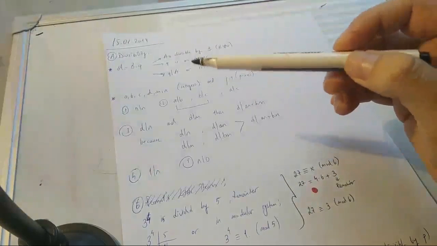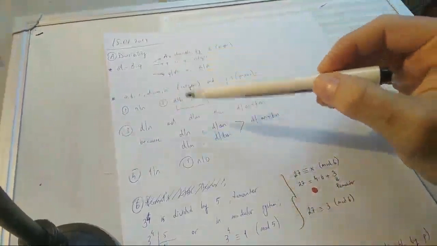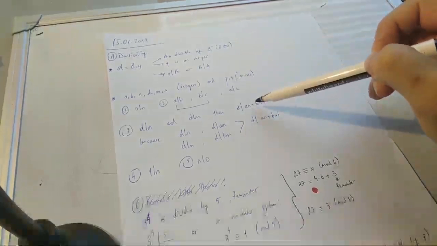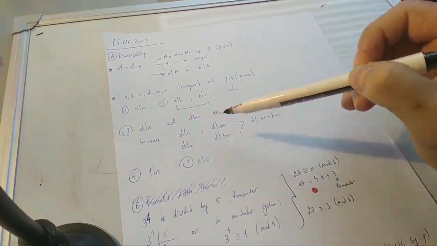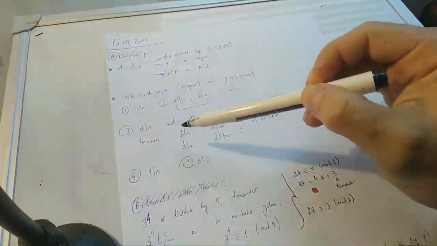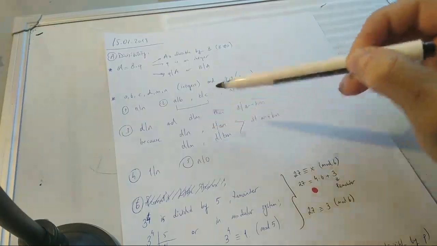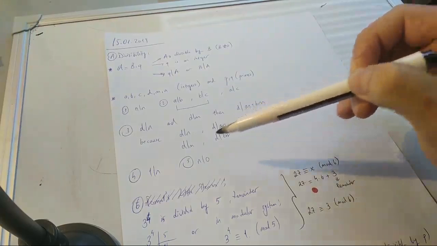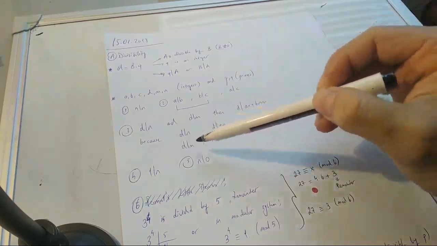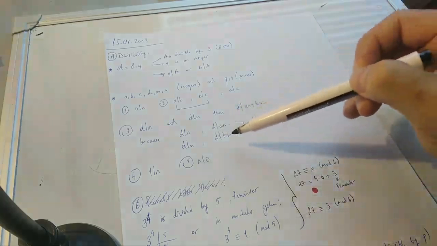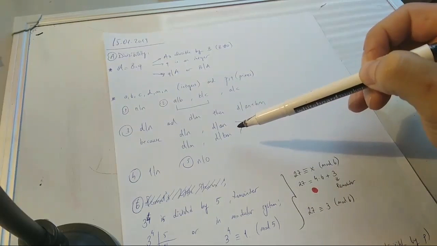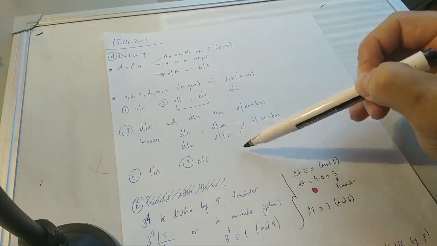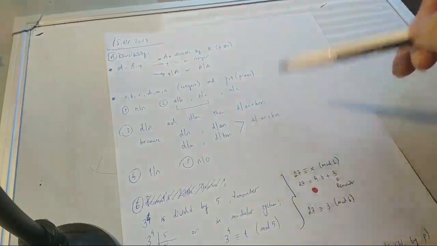And the third, when D divides N and D divides M, then D divides AN plus BM, because if N is divisible by D, when we multiply N by any number, AN is also divisible by D. And we can do the same thing for M. When we multiply M by any number, let's say by B, BM is also divisible by D. So when we take the sum of AN and BM, D divides AN plus BM.